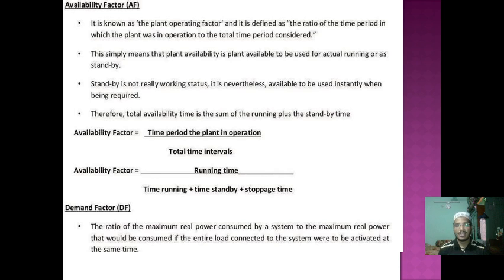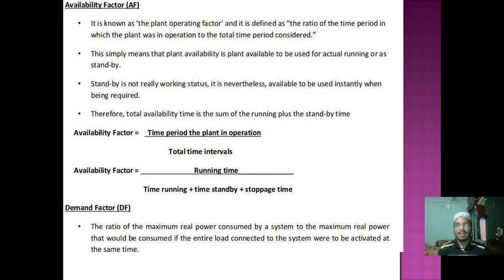So the running time, plus the standby time, plus the stoppage time: these are the three different times we consider in the total interval time. So the general formula for the availability factor is the time period of plant operation divided by the total time interval.